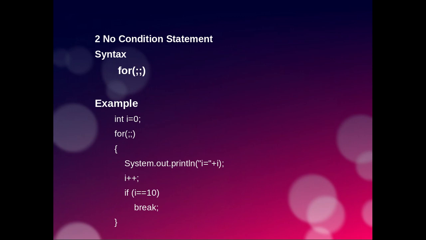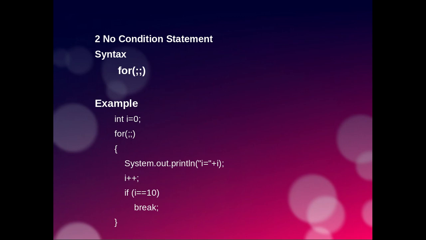Then the second variation is no condition statement, in which we can specify nothing within the for block for statements. Integer i equal to 0, that means the initialization part for the for loop.